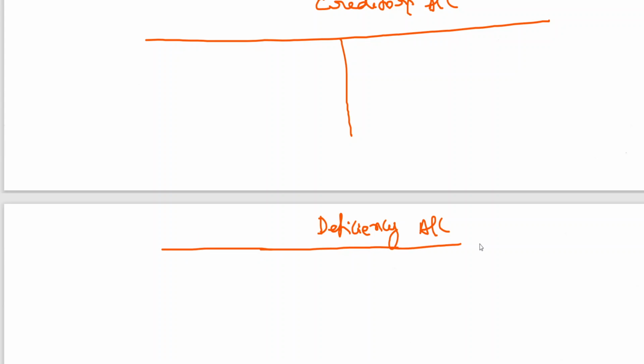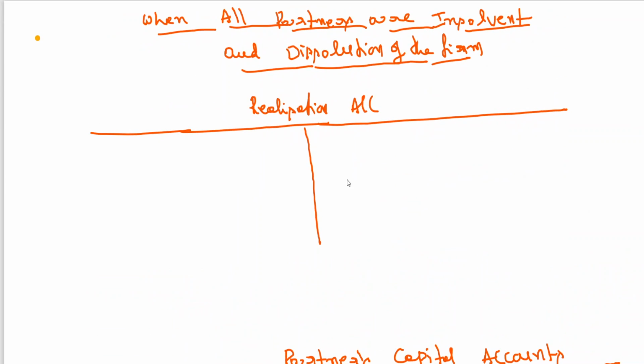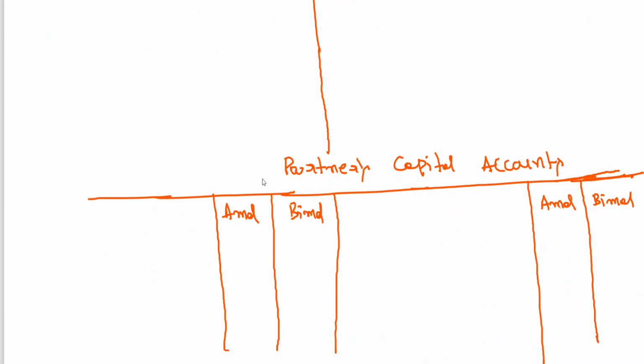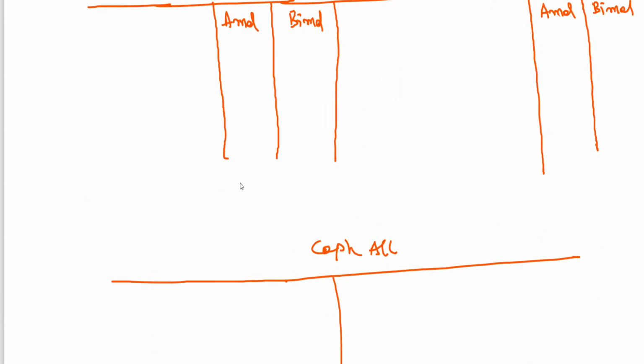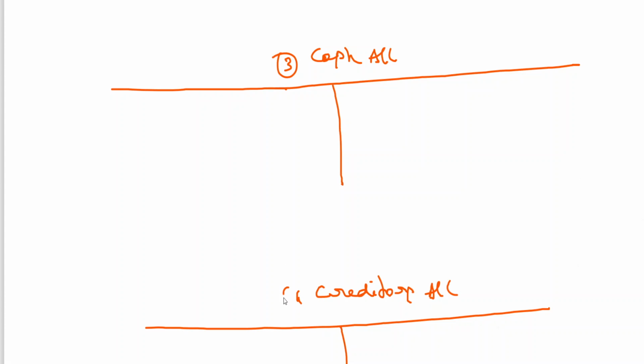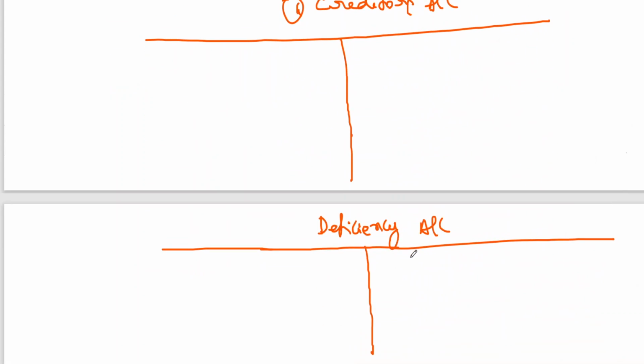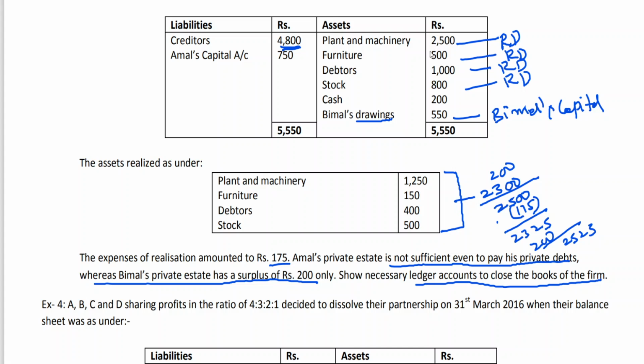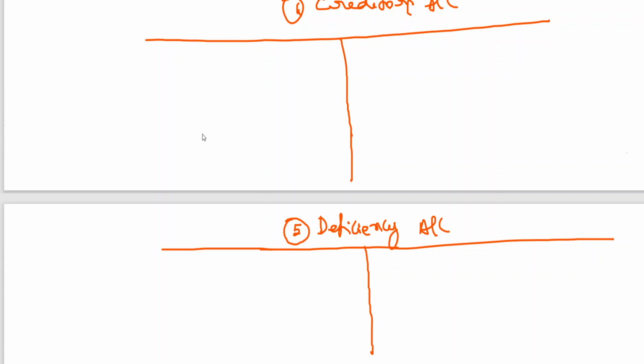So these are the accounts which we need to open. The first account which we need to open is realization. Second account which we need to open is partners' capital account. Third account, cash account. Fourth account is creditors account. Fifth account is deficiency. So 5 accounts we have opened. Now, first, as usual, plant and machinery will be transferred to which account? Realization account.